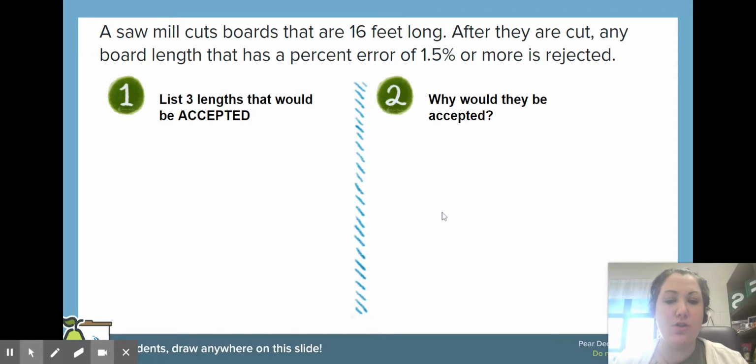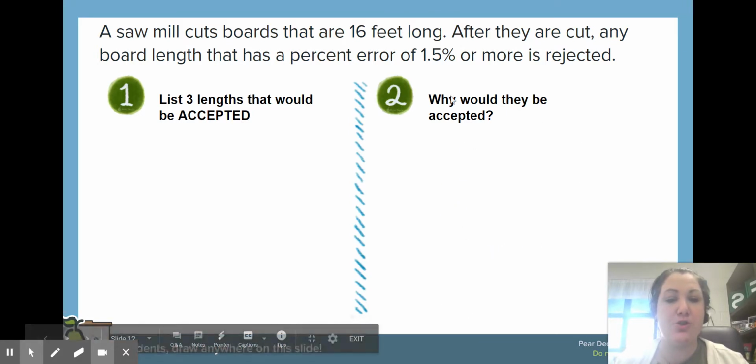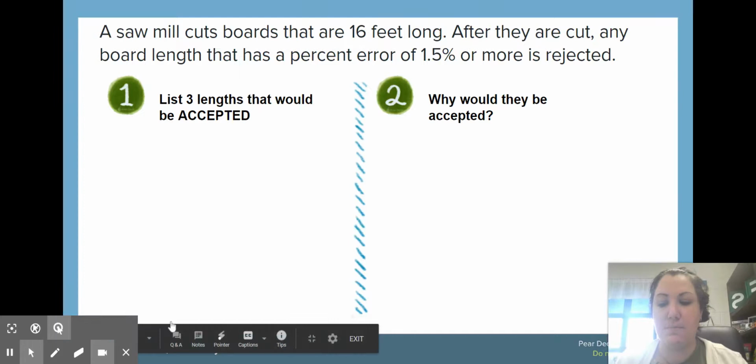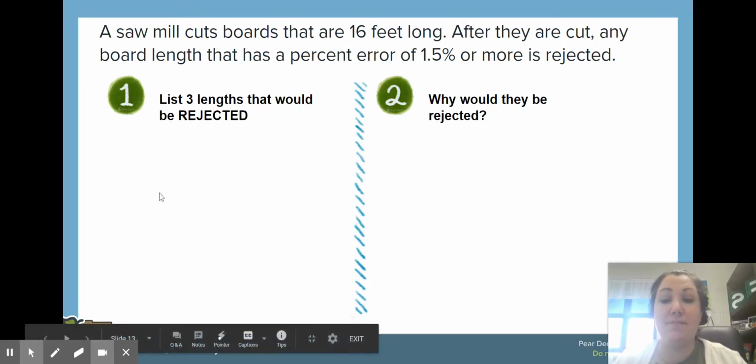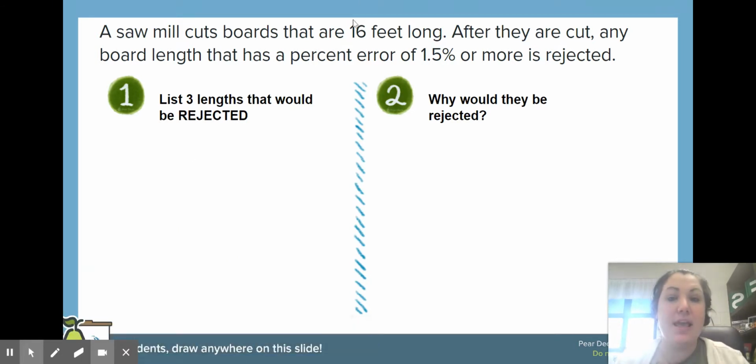The other thing I want you to place in here is on number 2, why would these numbers be accepted? And very similar to that problem, you are also going to give me 3 lengths that would be rejected, 3 lengths that wouldn't work. So again, if we figured out that 1.5% is 3 feet, 3 lengths that could be rejected are 20, 21, and 19 and a half, because all of those are more than 3 feet longer.